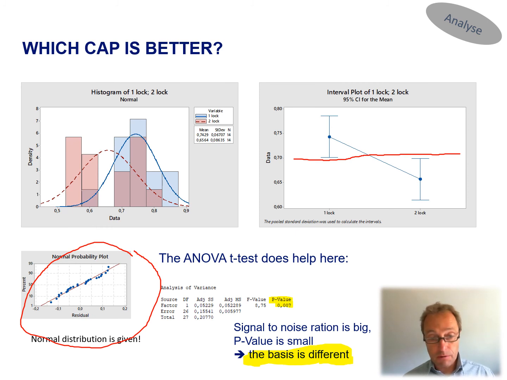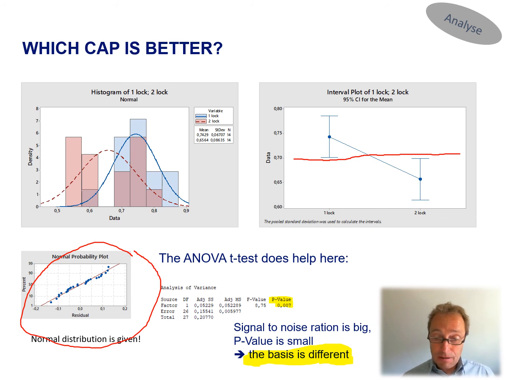These are also the pictures from Minitab. This is not Excel anymore. Minitab can also make for us an ANOVA t-test, and this is what helps here. The ANOVA test doesn't say yes or no at the end. It gives us some values.